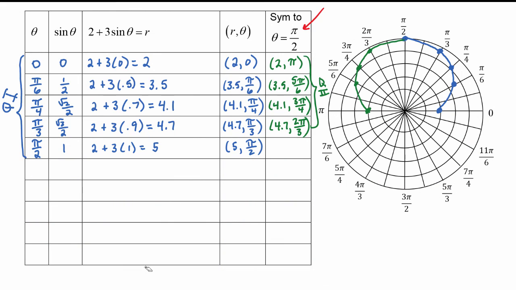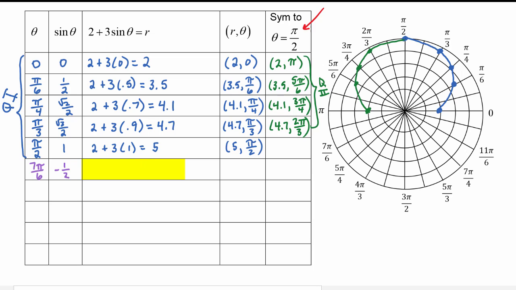So remember, in our graphing, we got as far as theta equals pi here. So we got to pi. The next angle is going to be 7 pi over 6. The sine of 7 pi over 6 is negative 1/2.